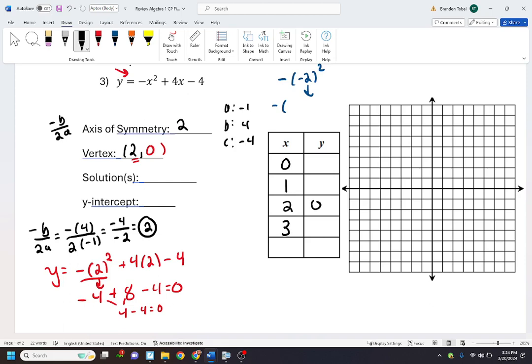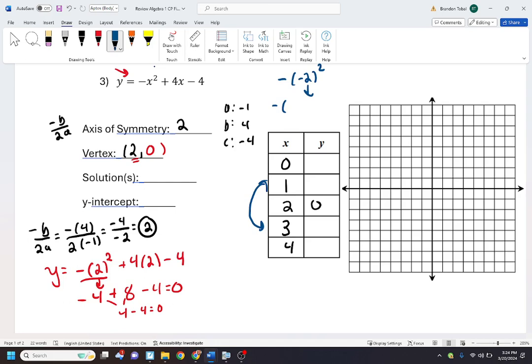Now we do 2 smaller and 2 bigger, so 1 and 3. Remember, the X's are automatic. Now we're going to choose either 1 or 3. I think 1's easier.